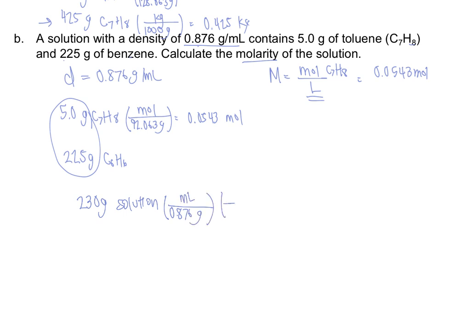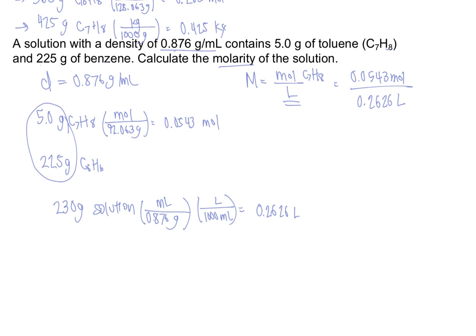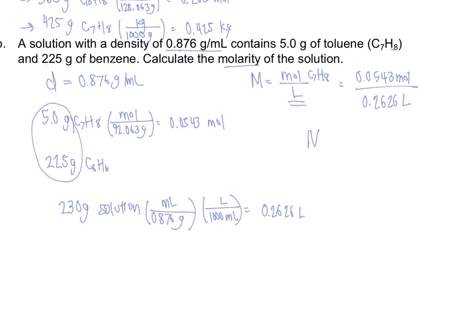And we want it to go into liters, so I can convert 1,000 milliliters per liter. So that ends up giving us a solution volume of 0.2626 liters, and that will be in the denominator. So we just will say the molarity is, we divide those two numbers, 0.207 molar.